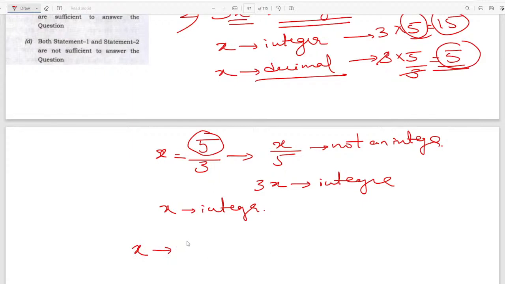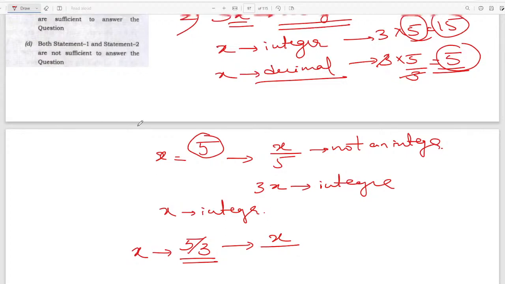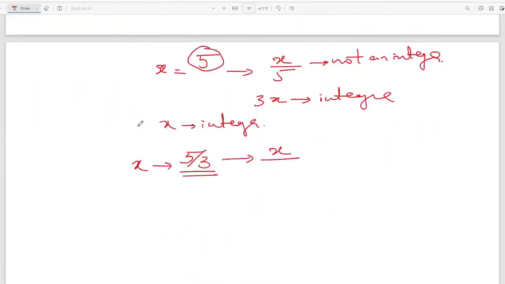What if x is 5 by 3 itself? In this case, x by 3 is not an integer, and 5 by 3 into 3 is an integer.